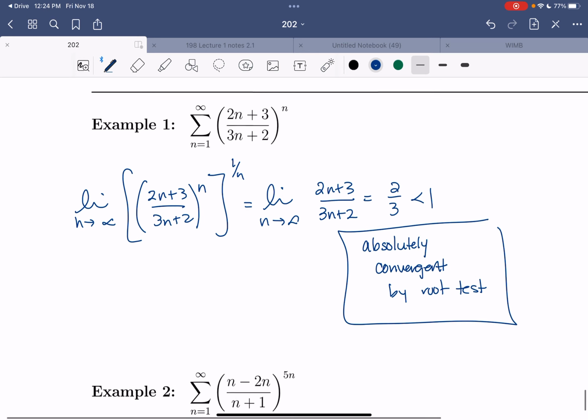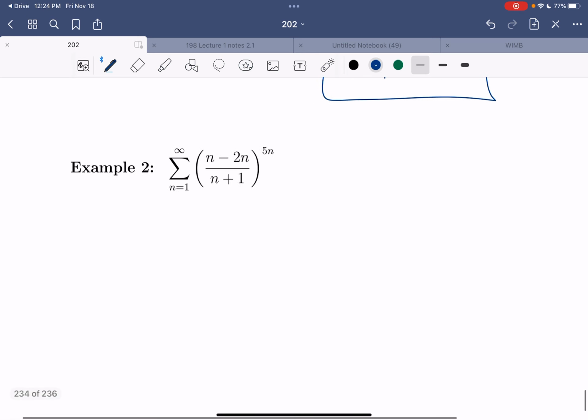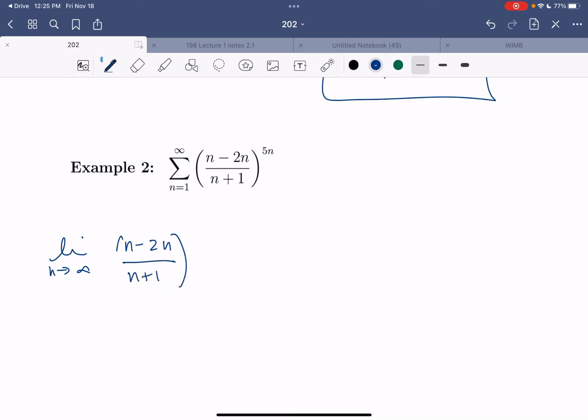Okay. Here's another one. Example 2, we have something to a 5n power, and so we're going to take the limit as n goes to infinity of our series, negative 2n over n plus 1 to the 5n, and we're going to raise it to the 1 over n power. That looks like it shouldn't be that. I'll have to check on that one. That might be a typo.